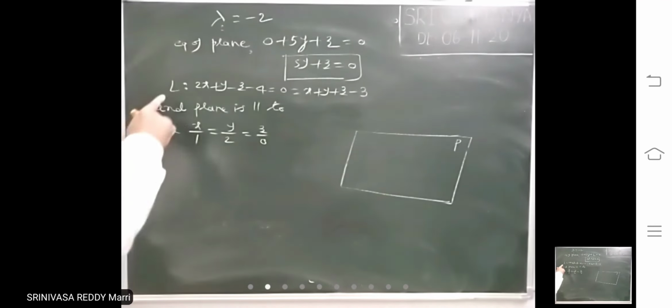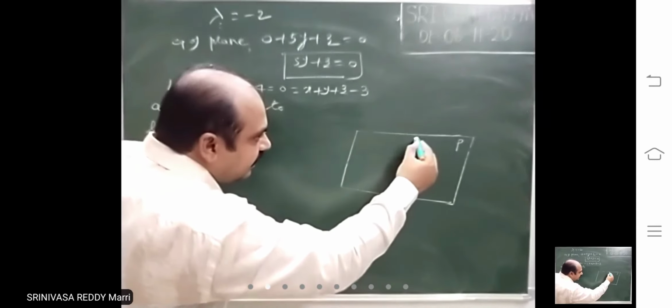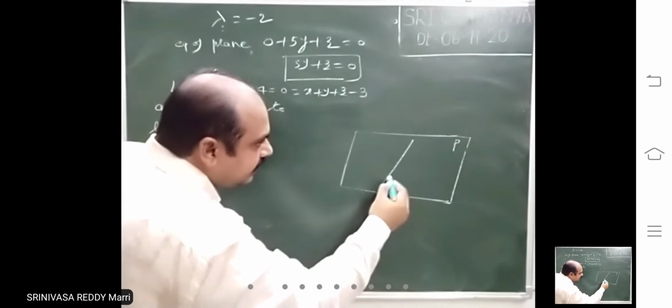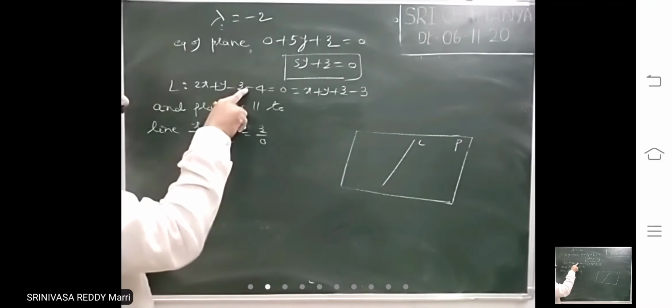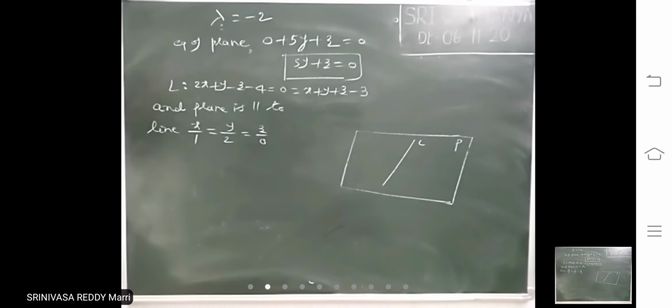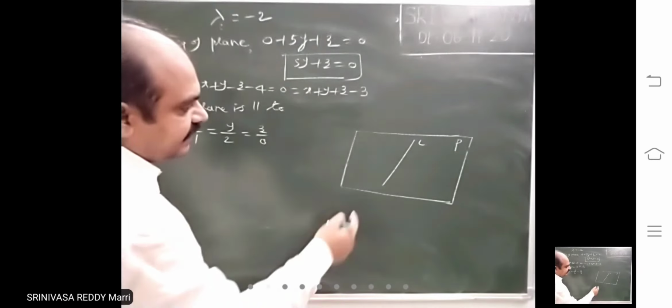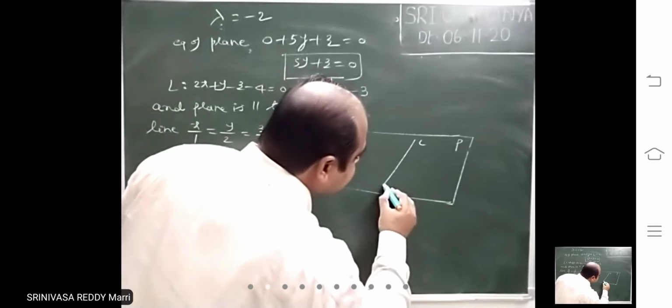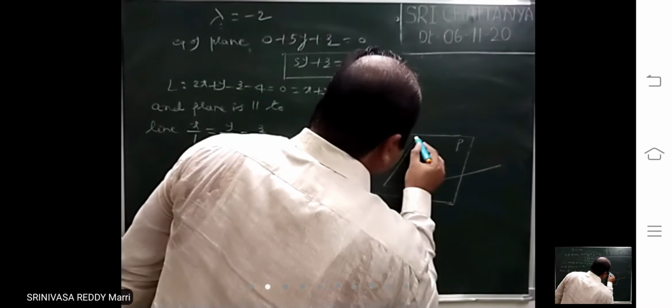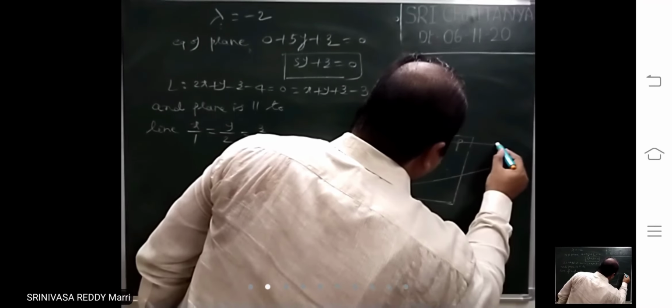It contains this line L. What is the meaning of this line L? It is the line of intersection of two planes.